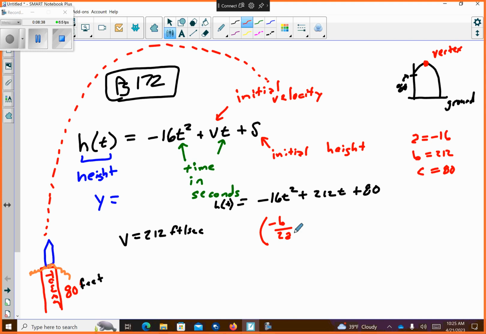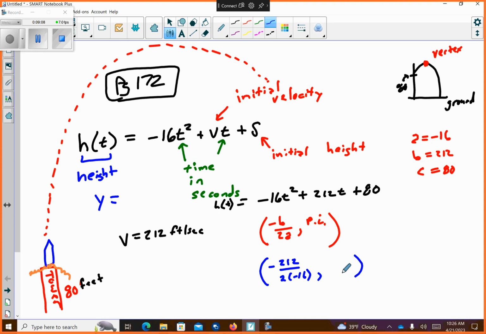Do you remember seeing that? Yes. And then, whatever that was, we plug back into the original function to get the y value. So again, we have enough information to do this, so I'm going to go negative 212 over 2 times negative 16, comma, and we still have to plug it in.